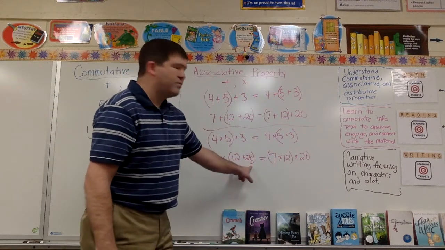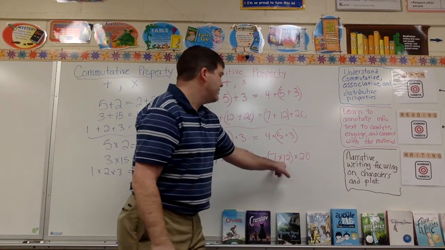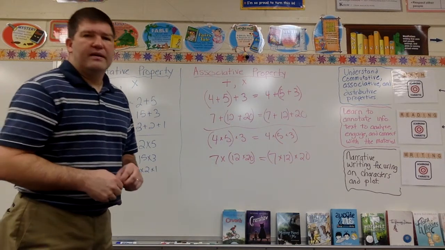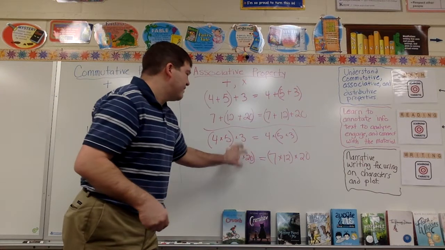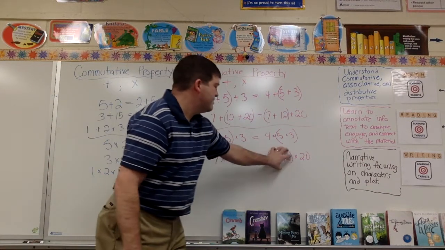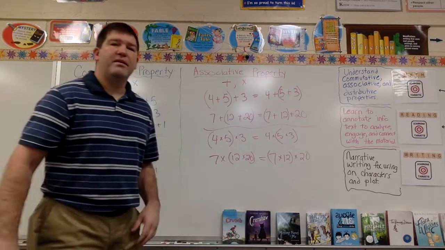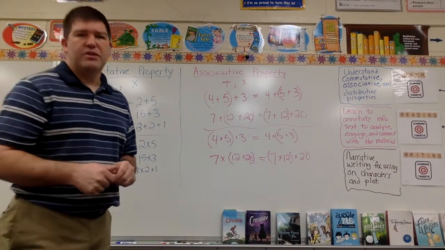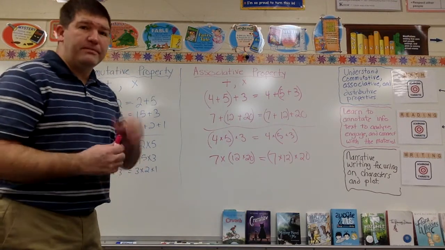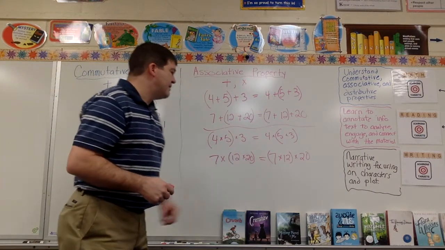I'm doing 12 times 20 first over here. I'm doing 7 times 12 over here. I've associated them differently, so I have different groups going first. But they're the same numbers in the same function, so it's going to be the same answer. So it does work. It makes it equal.